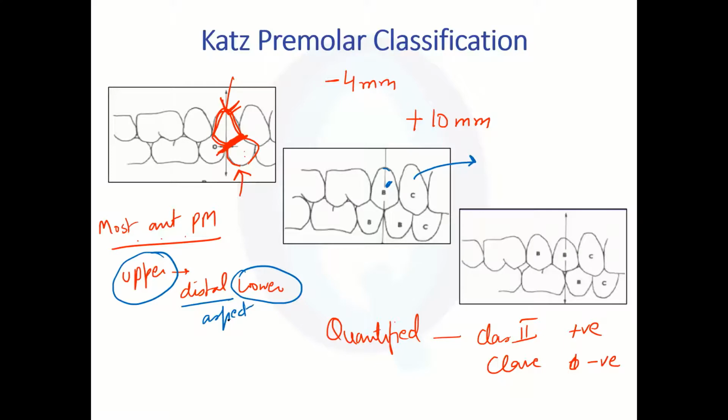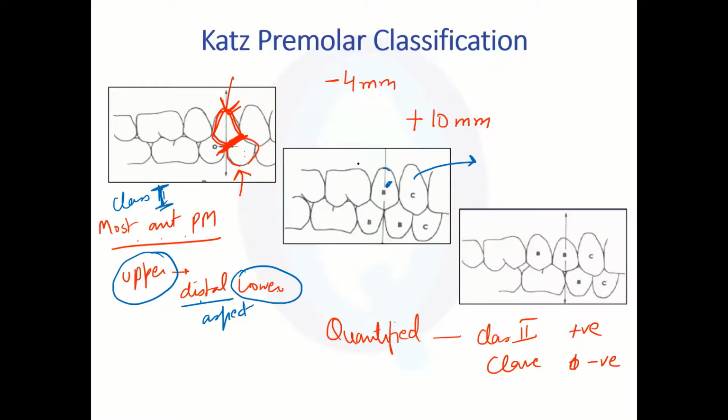When the most anterior upper premolar falls in the embrasure created by the distal aspect of the most anterior lower premolar, then it is class 1.